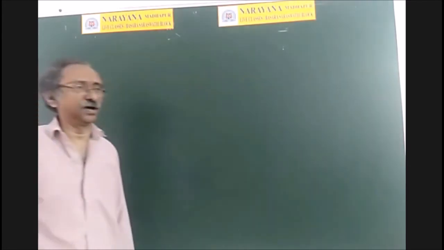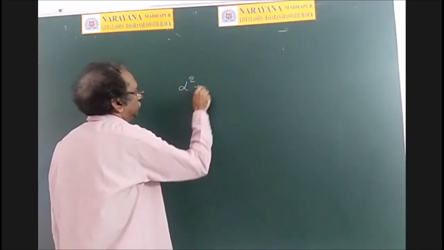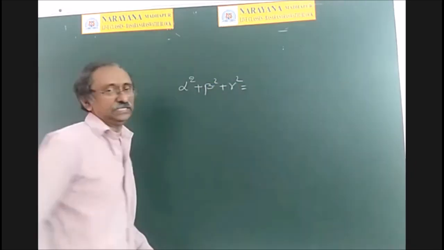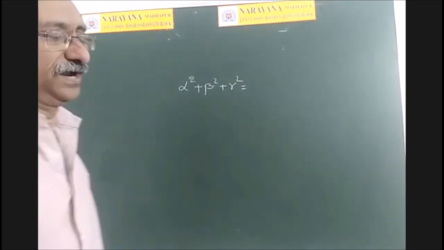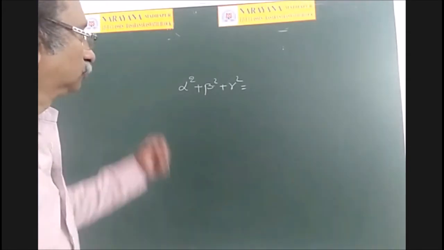In the previous one, we can write alpha plus beta plus gamma in constant terms. Suppose alpha square plus beta square plus gamma square is asked, and the cubic equation is given. Then how do we find this?